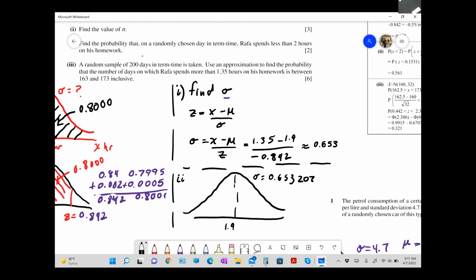Now 2 is somewhere here. This is not to scale. These are x's. This is your mean. And it says there, spends less than 2 hours. So we spend less than 2 hours on our homework in this situation.